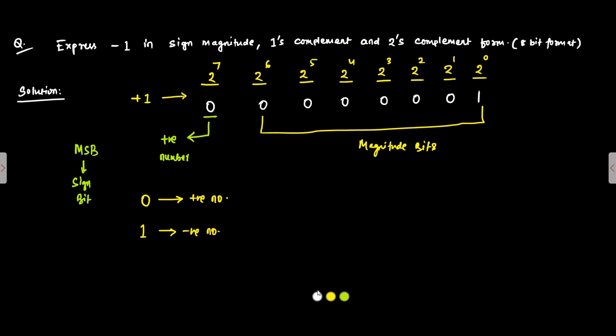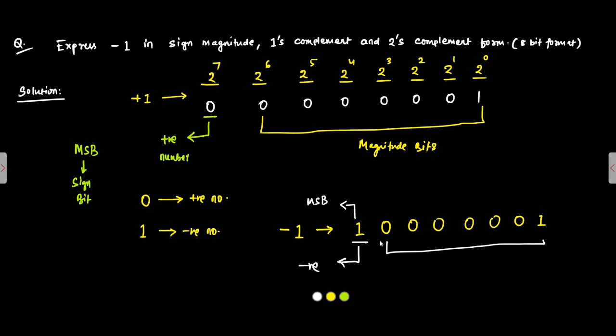So here, if we want to represent -1, the MSB will be 1, and the magnitude bits will stay as they are. This is 1 0 0 0 0 0 0 1. So here the sign bit is 1, so it is negative, and the magnitude bits are the same.